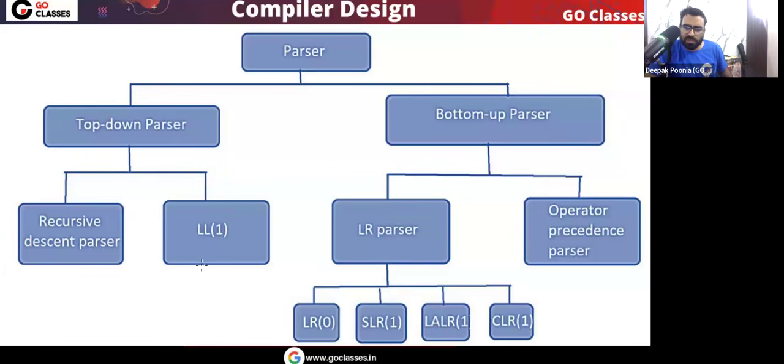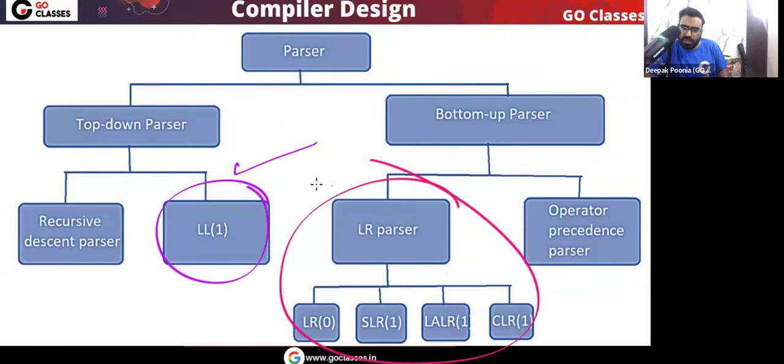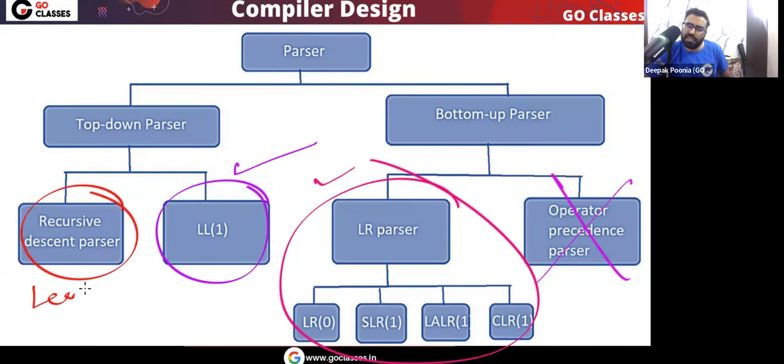Let me tell you one more thing from the GATE exam point of view. LL1 parser is very important. These two are important. Recursive descent parser is very less important, because so far only two true-false questions have come from it.